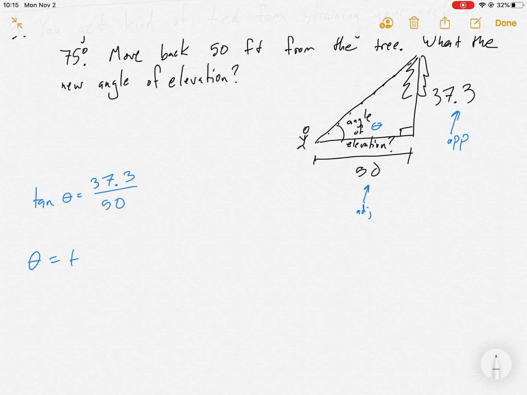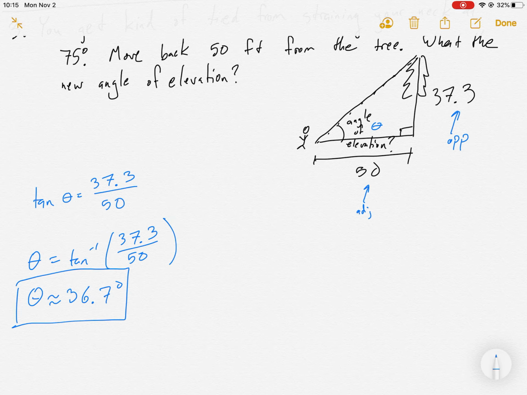So in order to calculate the angle, I'm going to use tangent inverse of 37.3 over 50. So I'm going to get the calculator out. 37.3 divided by 50 is about 0.746. I'm going to take the tangent inverse of that. And I get that this angle is roughly 36.7 degrees. And so that would answer that question.